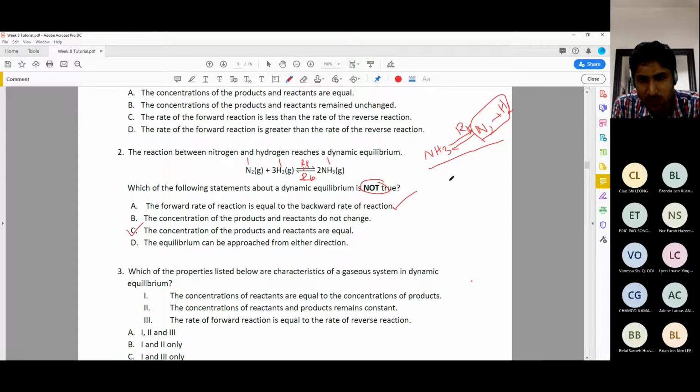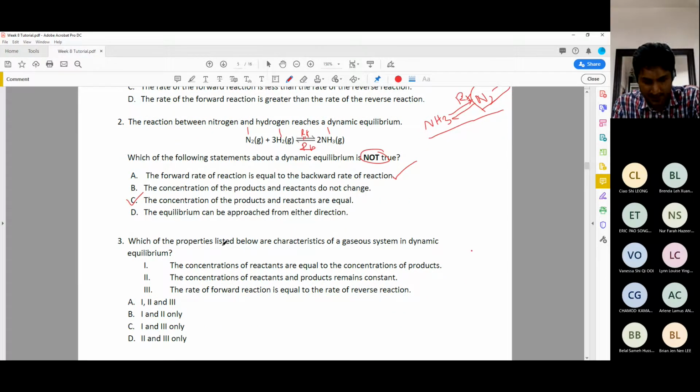Or if you put ammonia in the reaction vessel, at the beginning there is only ammonia, so it will start to dissociate and nitrogen and hydrogen will be produced. Then there will be equilibrium. So from either direction, the equilibrium can be achieved.